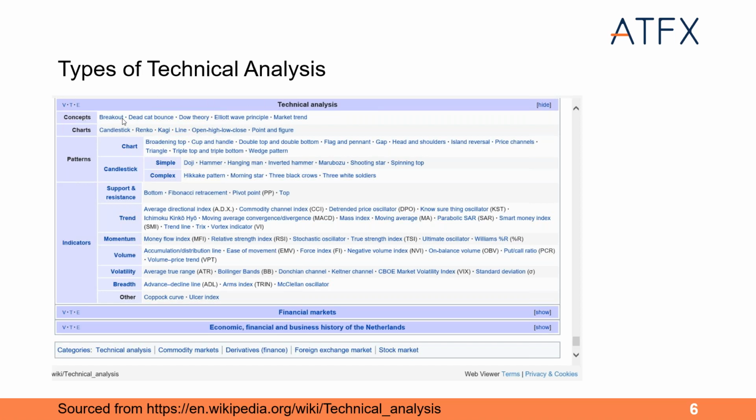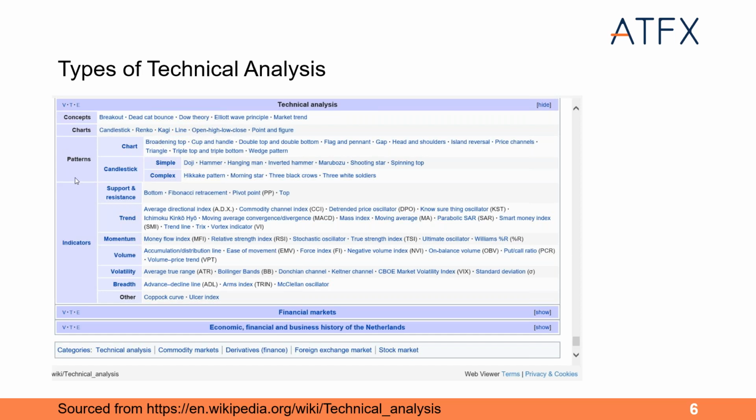We have breakout, dead cat bounce, Dow theory, Elliott wave principle, market trend. So basically, technical analysis involved in deciding which way the market might go next. We have got chart analysis. So we've got candlestick patterns, we've got Renko, Kagi, line, open, high, low, close. People may know these as OHLC bars.